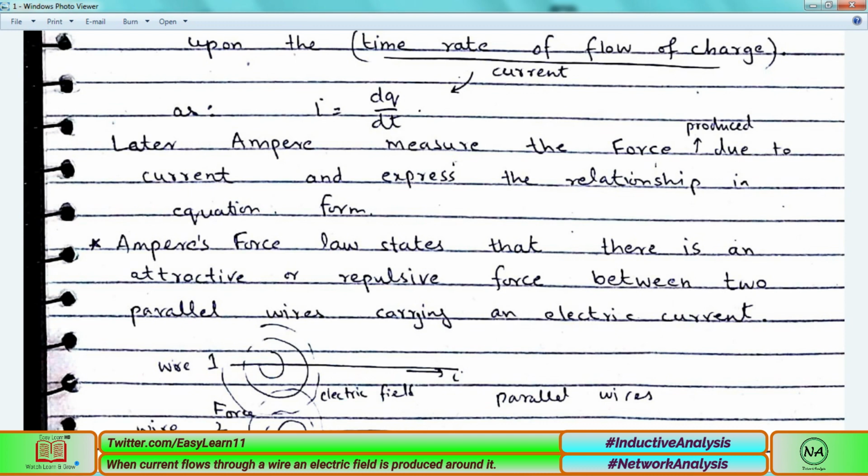Ampere's force law states that there is an attractive or repulsive force between two parallel wires carrying an electric current. So this was the first force law, Ampere's force law.